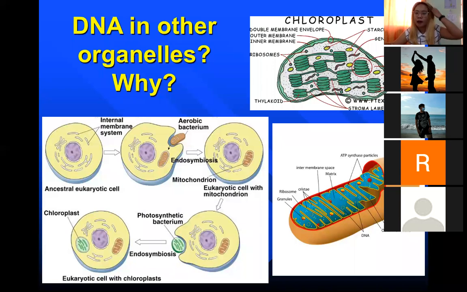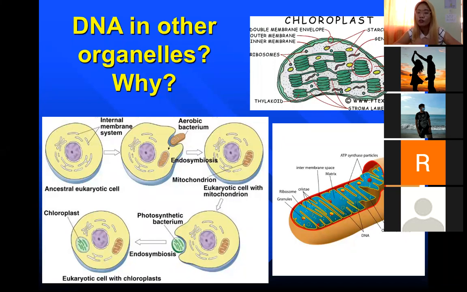So for the aerobic bacterium, syempre habitat, safe siya sa loob ng ancestral eukaryotic cell. At the same time, mas readily available na yung food or source of energy doon sa ancestral eukaryotic cell. Pagdating naman sa ancestral eukaryotic cell, ano ang nabibenefit niya doon sa bacterium?